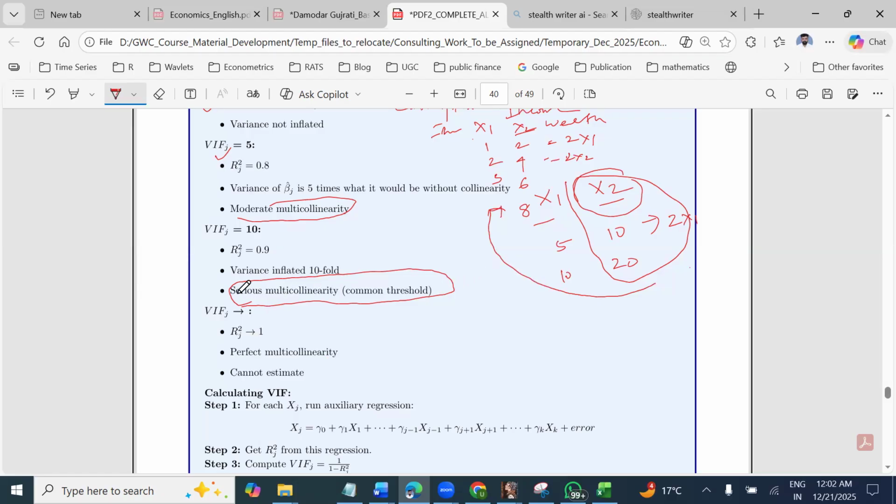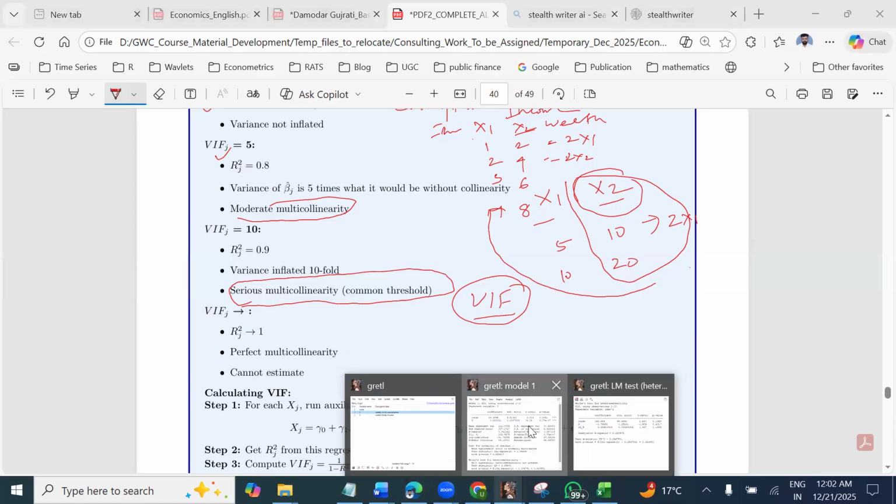So, VIF, first of all, you should know we use VIF, the variance inflation factor, to detect multicollinearity. But in your regression model we have only two variables over here, so VIF we cannot calculate.